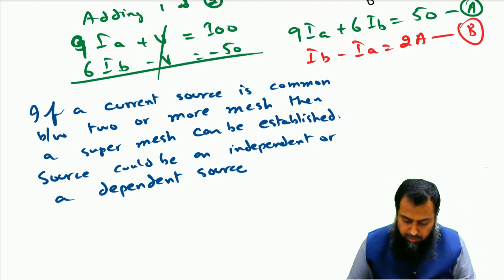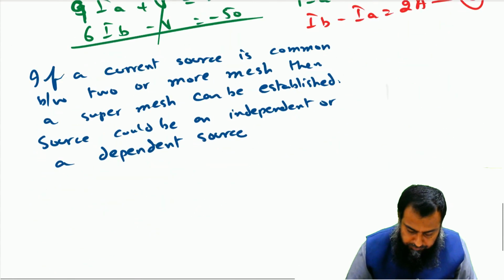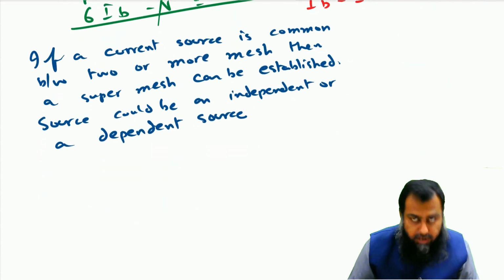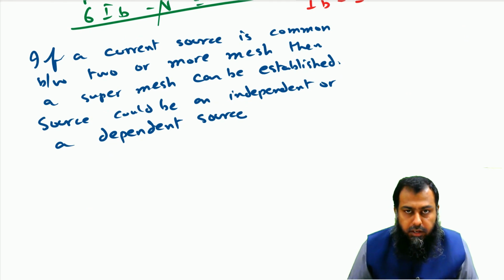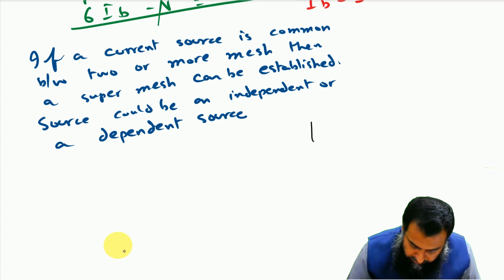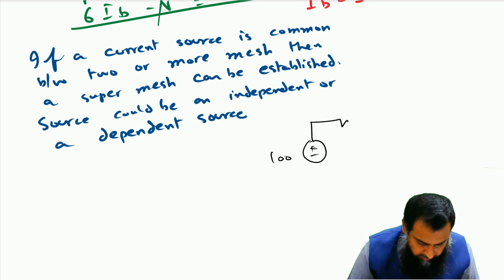So let me redraw the circuit that we have drawn here, and then we shall apply the equation for the super mesh. We have a voltage source here, 100. Then we have 3 ohm here.